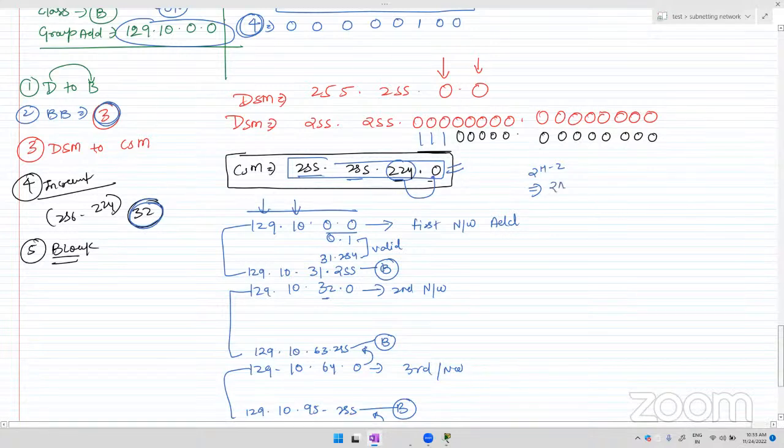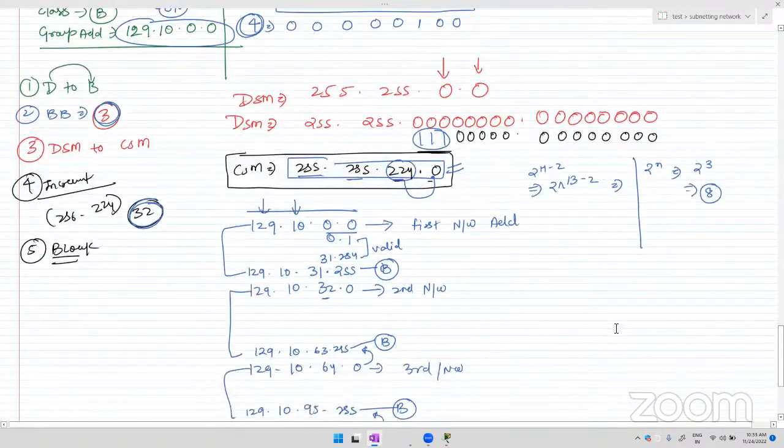So 2 power 13 minus 2. How many networks can we receive? 2 power n. How many bits on? 3. So 2 power 3. How many total networks can we receive? 8. Maximum networks, 8. How many valid IPs? 2 power 13 minus 2.